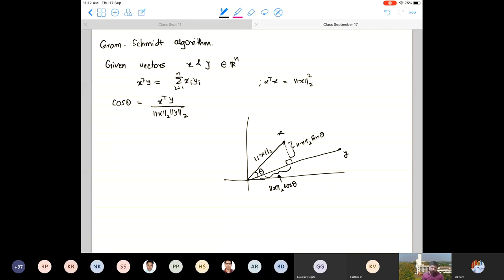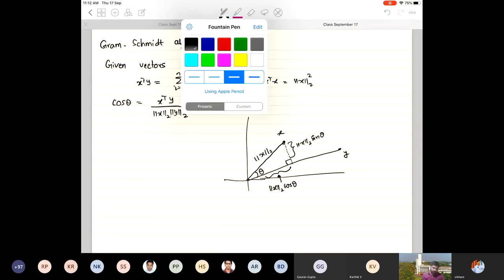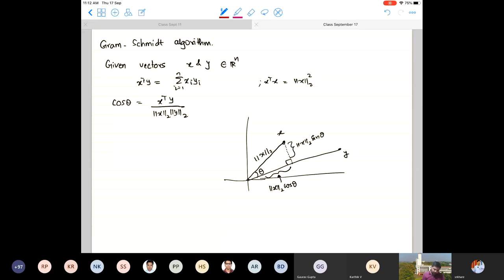Just a simple thing. This particular length is called the scalar projection of vector x on y. That's the length we are talking of.